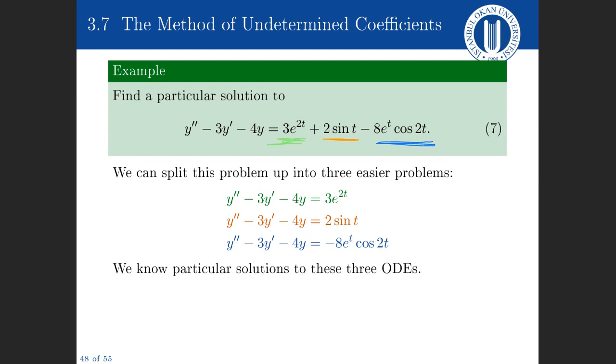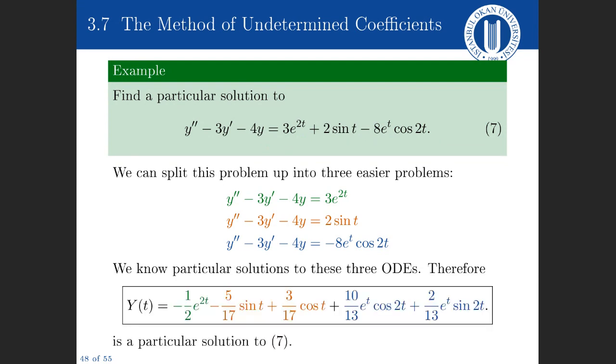We know particular solutions to these 3 differential equations. We're just going to add them together. Therefore, this long function in brackets, the green function plus the orange function plus the blue function, is a particular solution to equation 7.